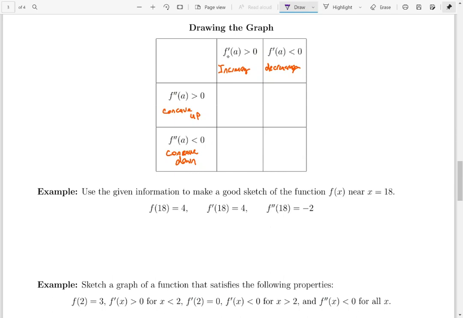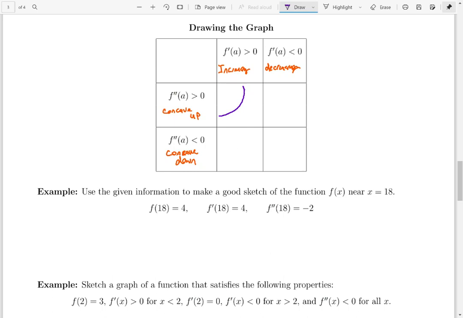Specifically, if I have f prime of a being greater than 0, that is, we have an increasing function, and the second derivative is positive, then we are concave up and we're increasing. What does a concave up increasing function look like? Well, it looks something like this. Concave up, but increasing. Now let's say we have an increasing function that is concave down.